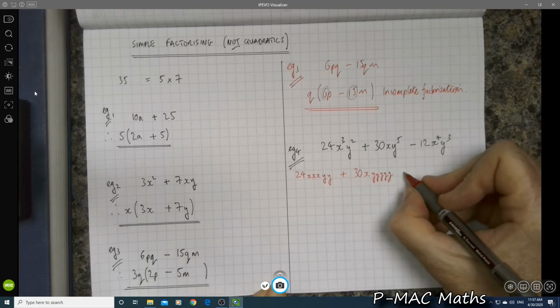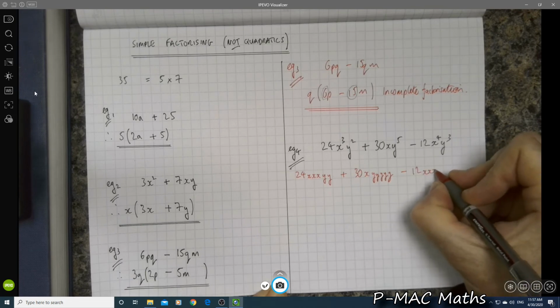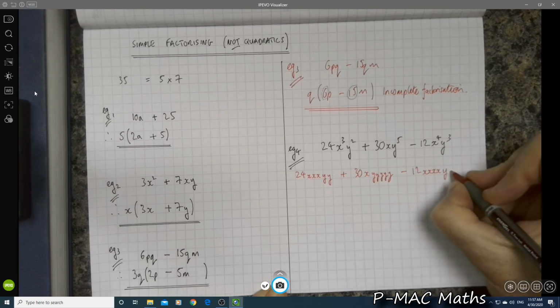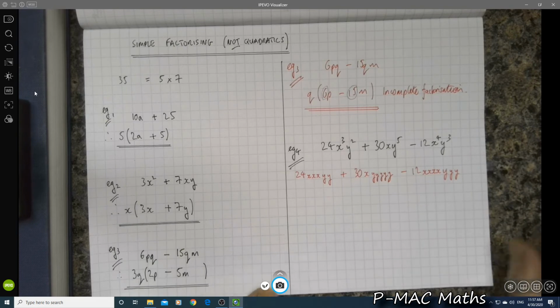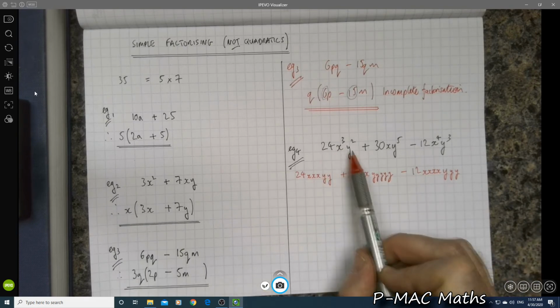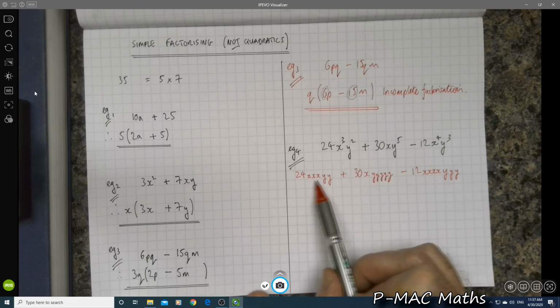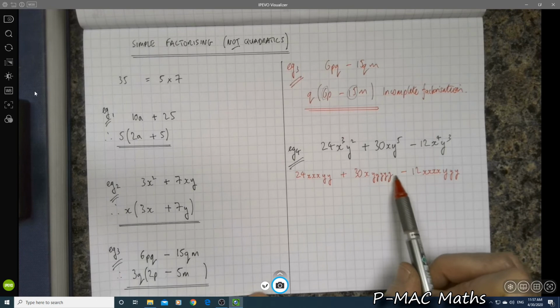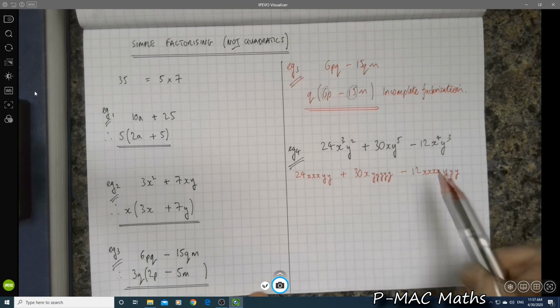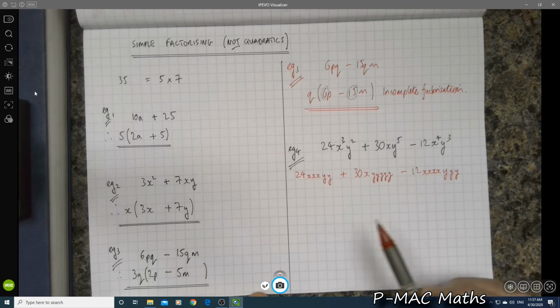You'll see in a minute. Minus 12 x, x, x, x, y, y, y. So I've written each of these terms down, and I've kind of exploded what's going on with the powers. And that will allow you to see how many x's and y's visually there are in each term, and it will help you to visualize the factorization.